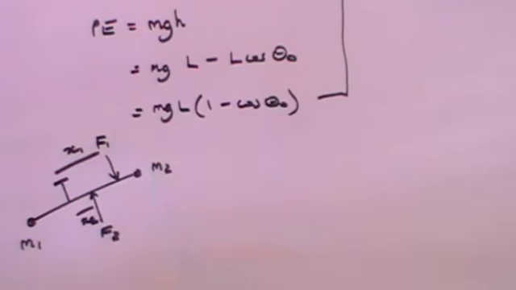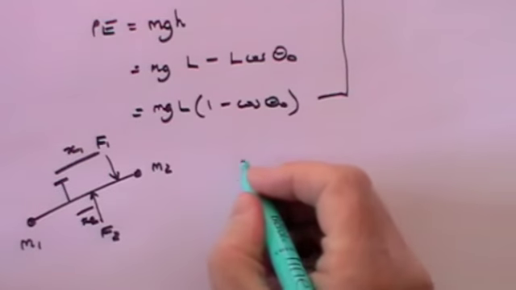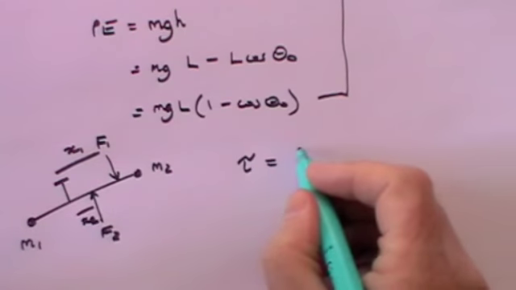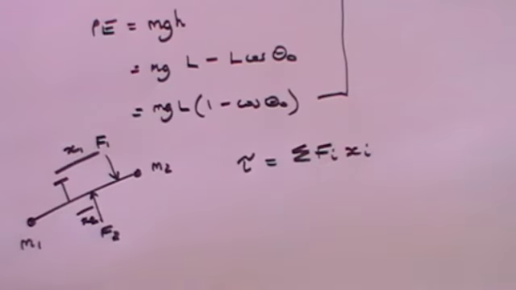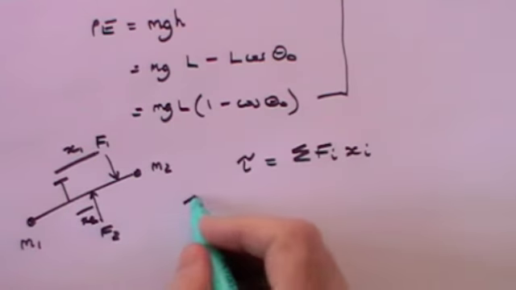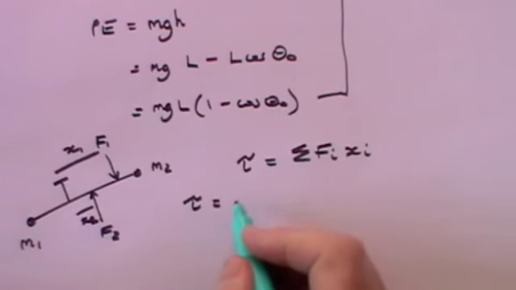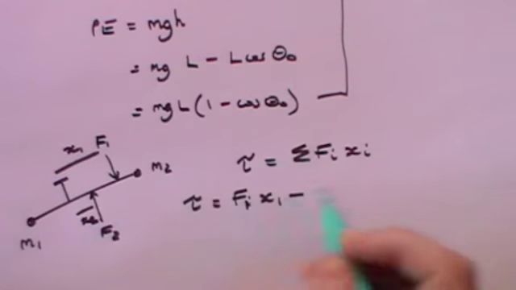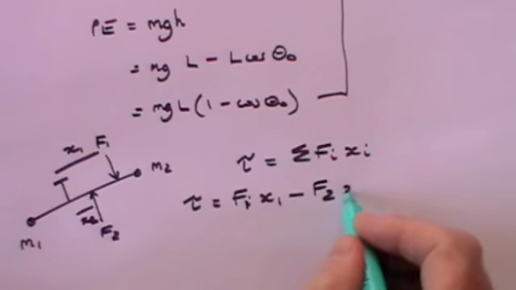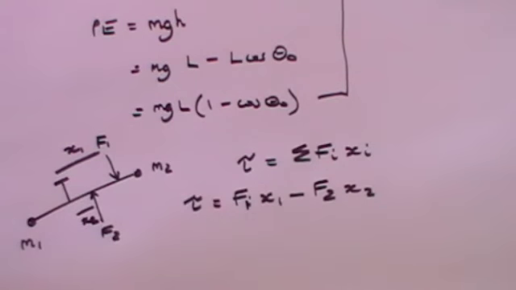F1 is at a distance x1 from the pivot point. The total torque is going to be the sum of all the Fi xi terms. But since these forces are pushing in opposite directions, the torque is going to be F1 x1 minus F2 x2.